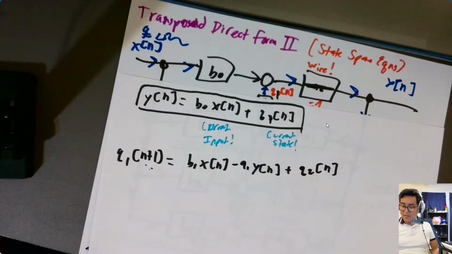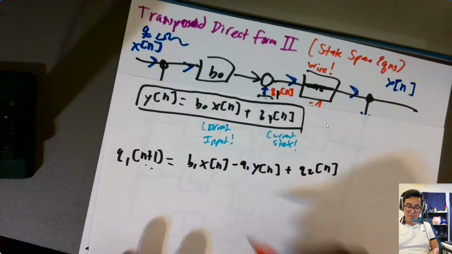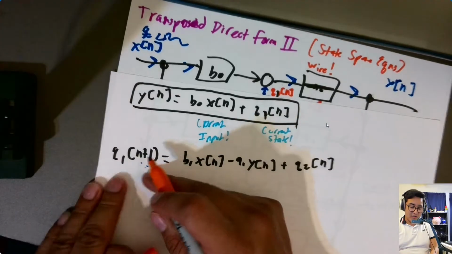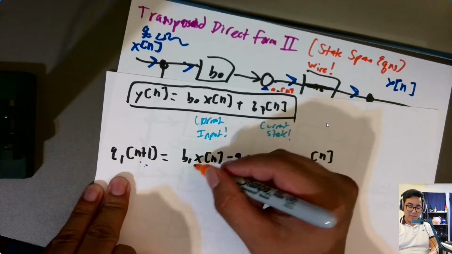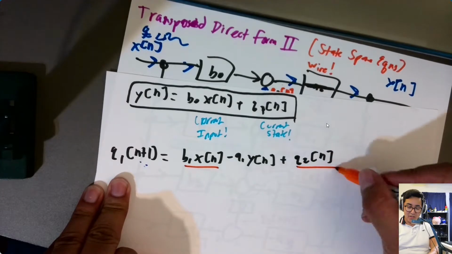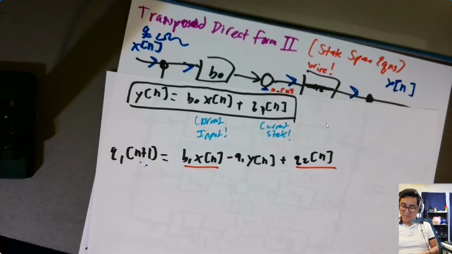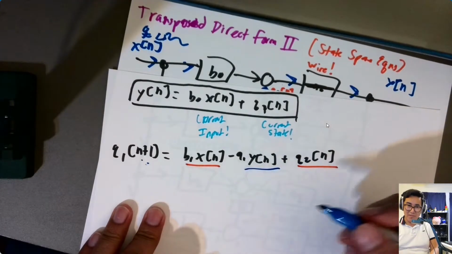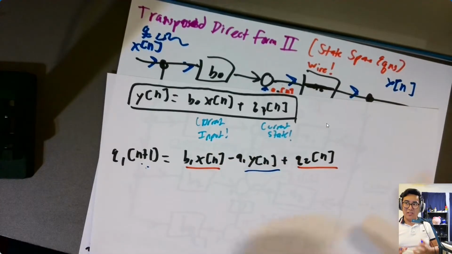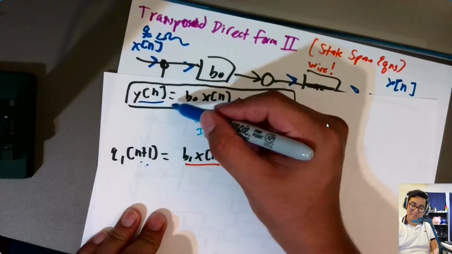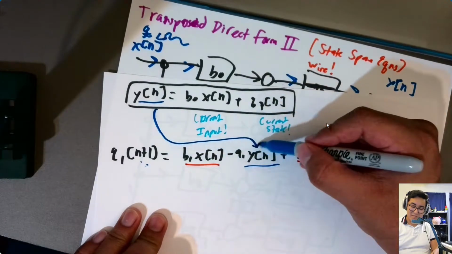So for our state space equations, we want our next states to be a function of our current inputs and our current states. But now we have this output. We can't have this current output in our system. We need purely internal nodes and inputs. So how do we get rid of this? That's it.